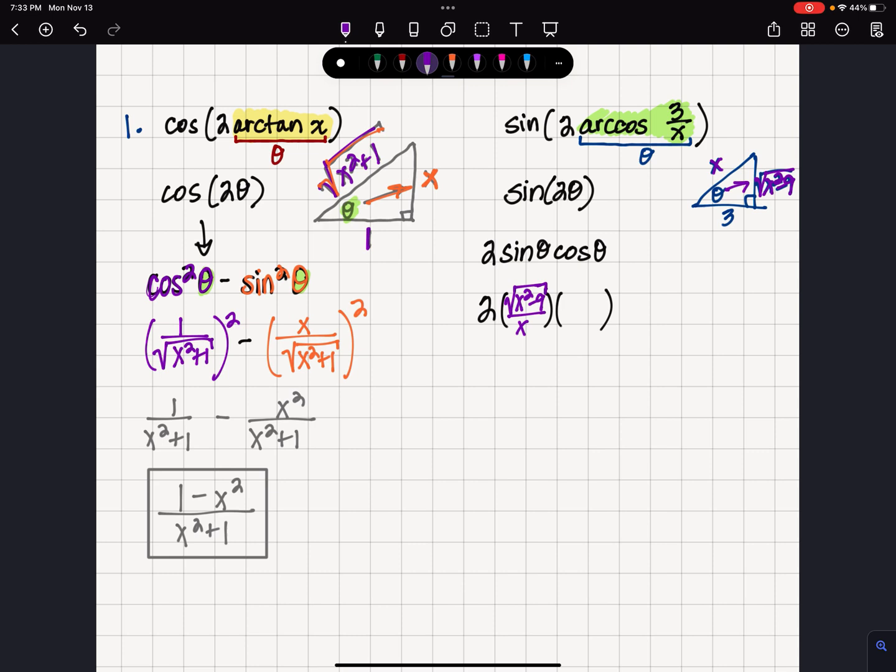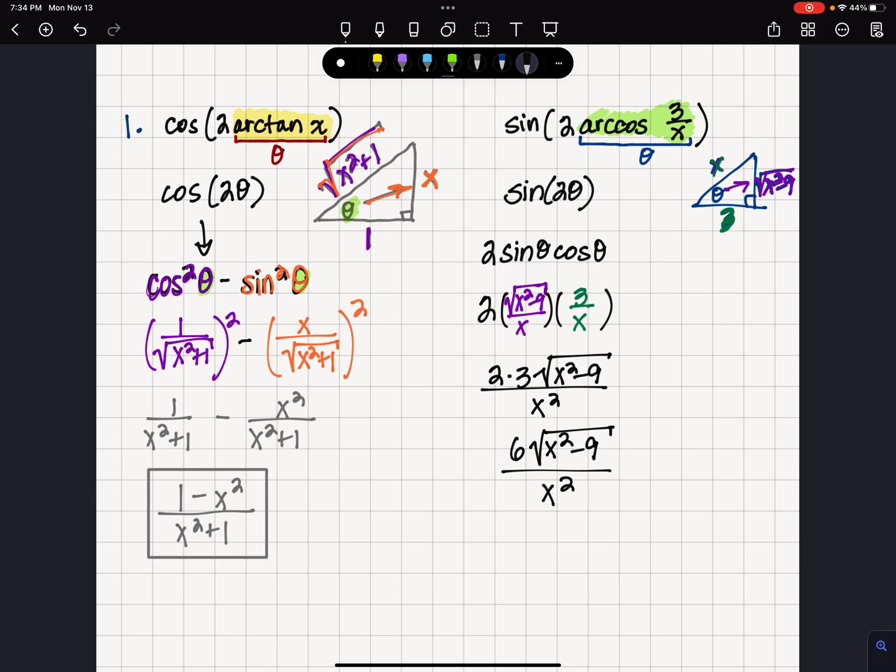And then the adjacent over the hypotenuse would be 3 over x. And then we just multiply straight across. So I would have 2 times 3 times the square root of x squared minus 9 all over x squared. So that's going to be 6 times the square root of x squared minus 9 all over x squared.